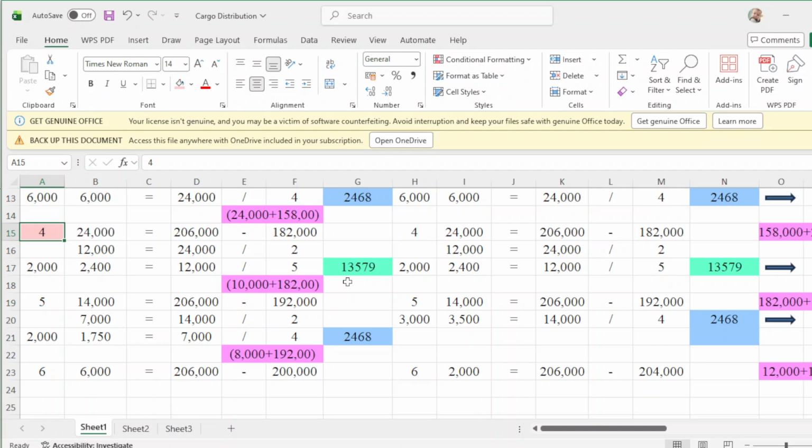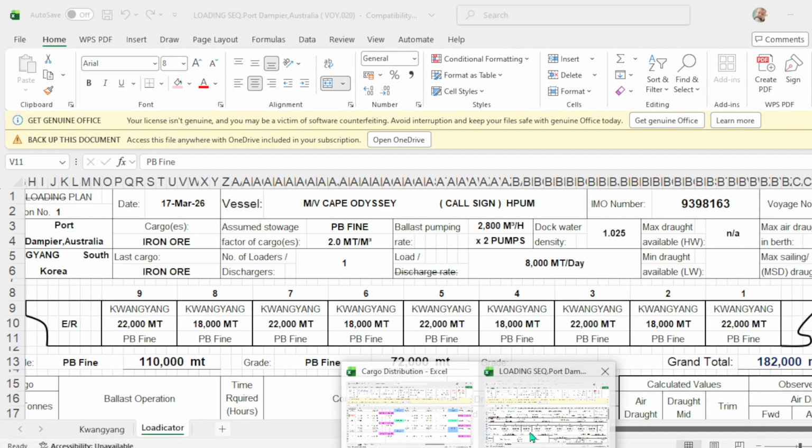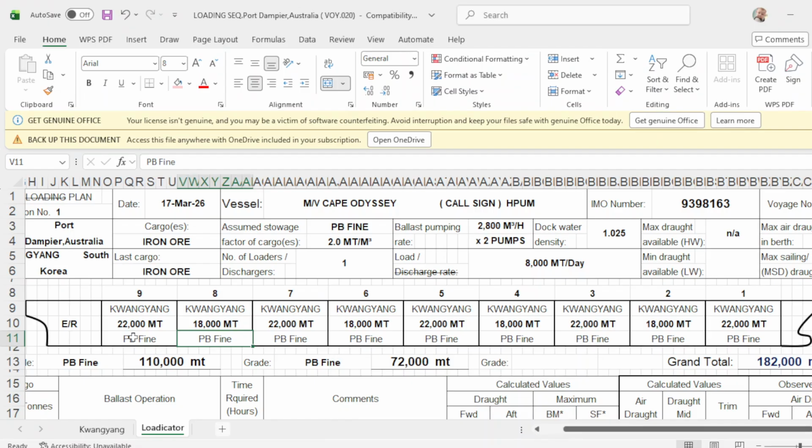2,000 additional for 1, 3, 5, 7, 9. So you add 2,000 here. This will be 24,000 in each of holds 1, 3, 5, 7, 9.